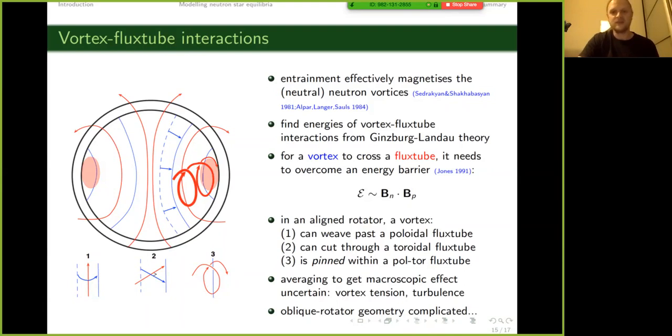And it's claimed, I haven't quite understood why, and it's not very clear in the literature, that the main part of that energy is essentially a geometric term, which is the neutron magnetic field dotted with the proton magnetic field. And so what that means is that for a neutron vortex, a rotational vortex, to get past a flux tube, to cut through it or to push past it, it has to overcome some energy barrier, which is proportional to this.